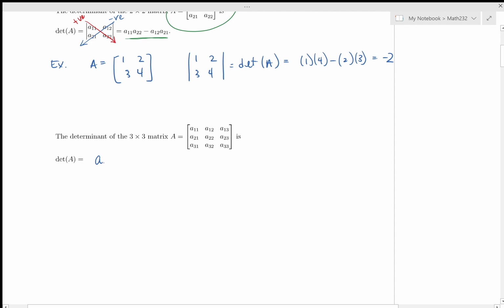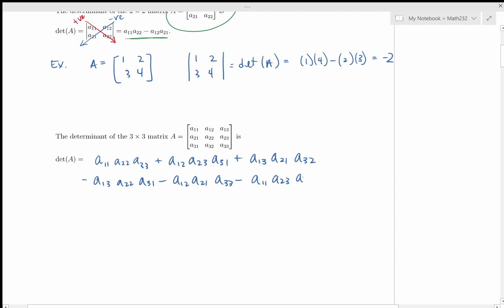The determinant of this 3 by 3 matrix A is A11, A22, A33 plus A12, A23, A31 plus A13, A21, A32, and then minus A13, A22, A31 minus A12, A21, A33 minus A11, A23, A32.